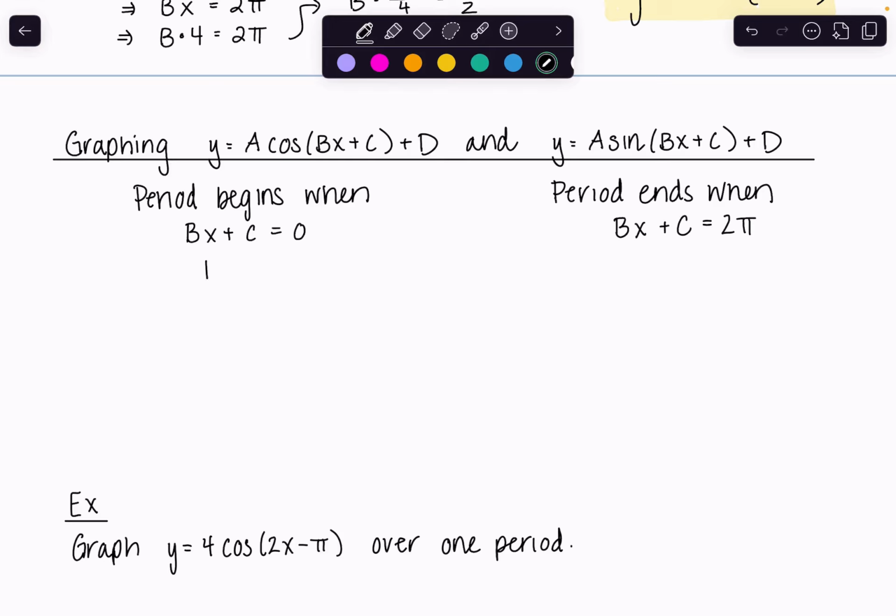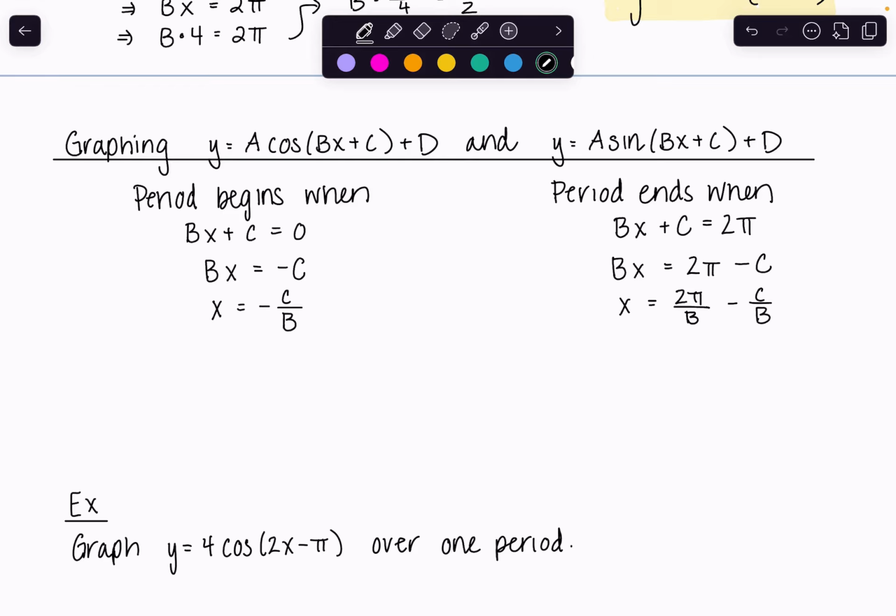So if I solve for x, I go ahead and subtract c, and then I go ahead and divide by b. Likewise here, I go ahead and subtract c, and then I divide by b. So I'm going to divide both things by b.